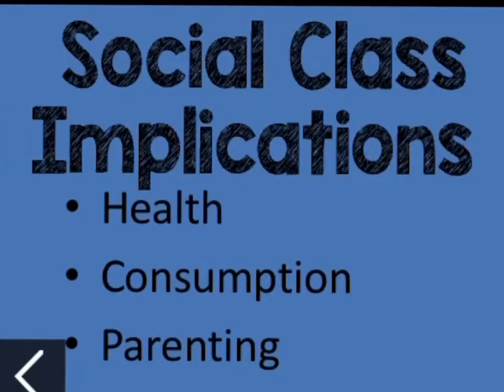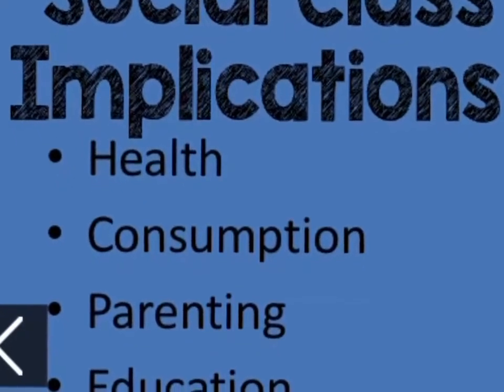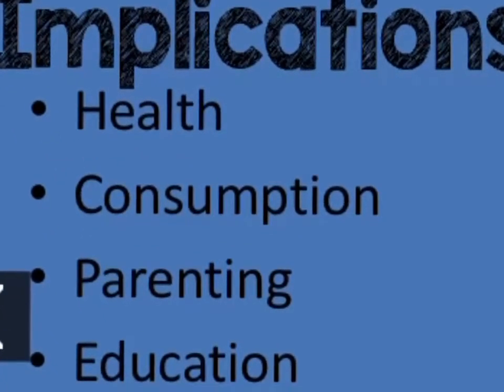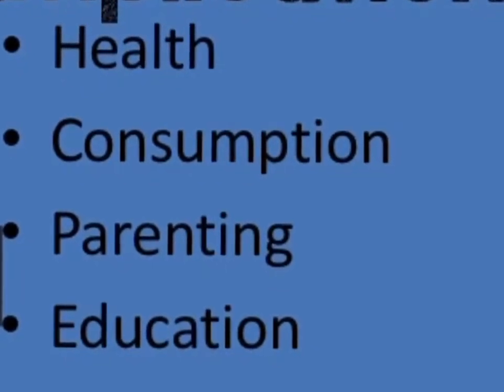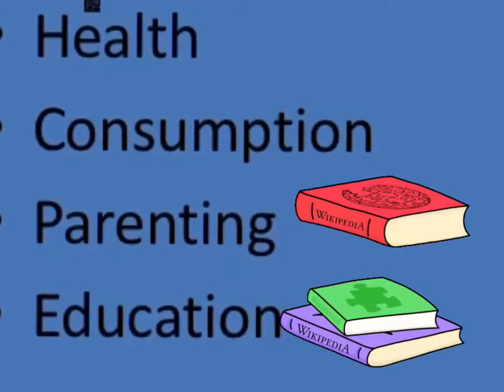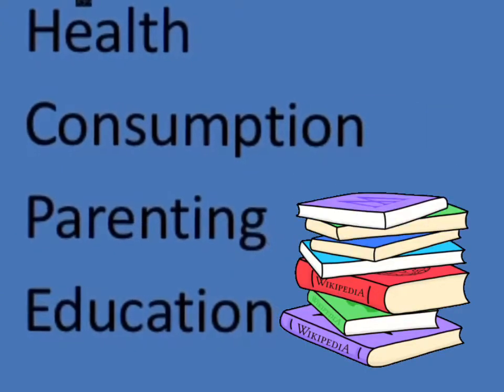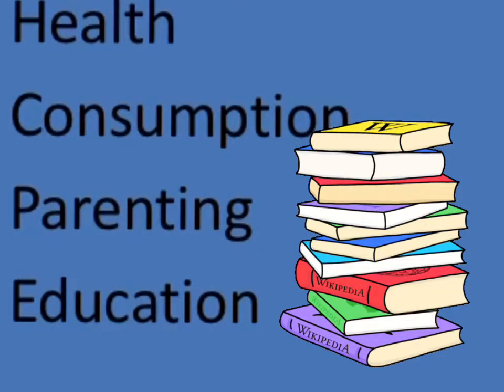Education as an implication is one of the most obvious ones, because we know that educational attainment serves as the most essential class feature of most Americans. So we link education directly to income and occupation, which has a big stake in who we know, who we meet, where we go, what we become. So education is a big part of it.